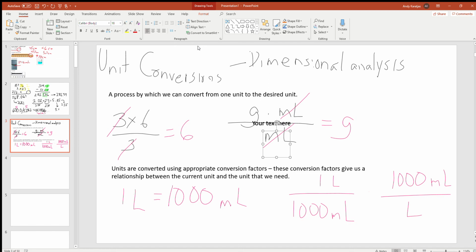Because they're equal, this is the same thing as multiplying by 1. And because we know multiplying by 1 doesn't change the value, the only thing we're changing in a unit conversion is the unit itself.